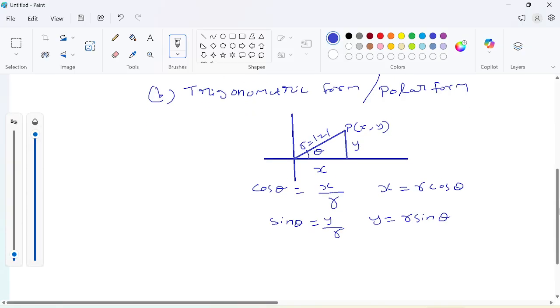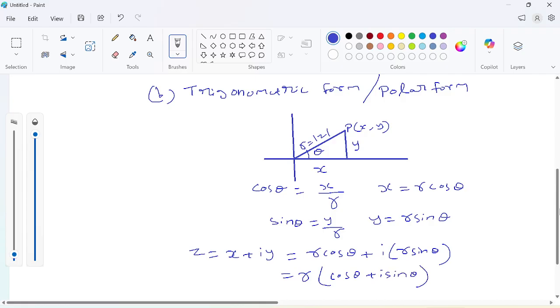That means z equal to x plus iy can be written in polar form as r cos theta plus i into r sin theta. If I take r common, I get r times cos theta plus i sin theta. This short form I can write as r cis theta.